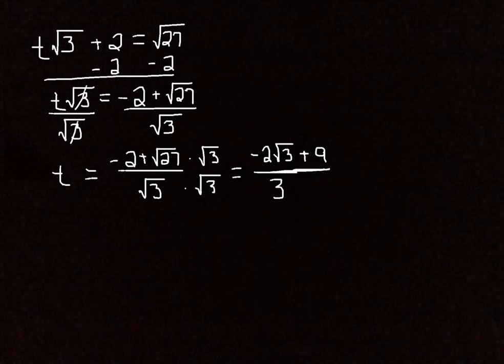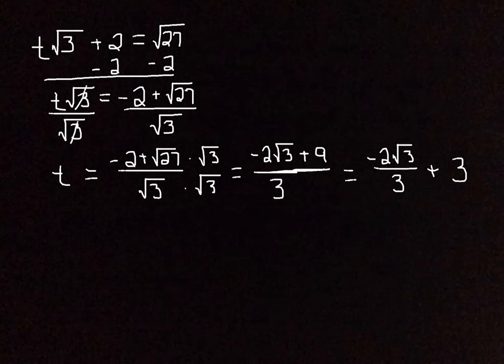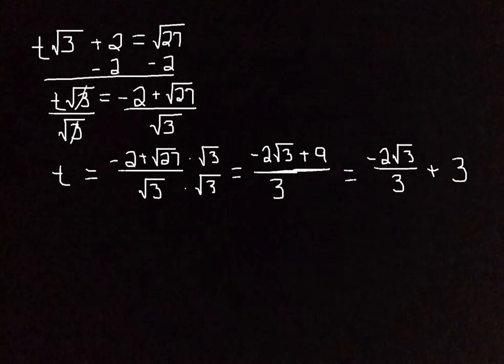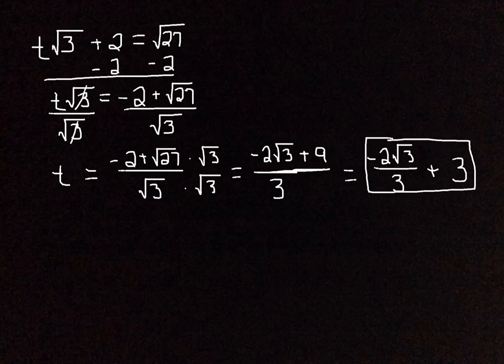Now, if we want to split this apart, we can, and say this is negative 2 square root of 3 over 3 plus 3. Either answer is acceptable here. So if you wanted to split it apart, you could. If you wanted to just leave it together, you could as well.